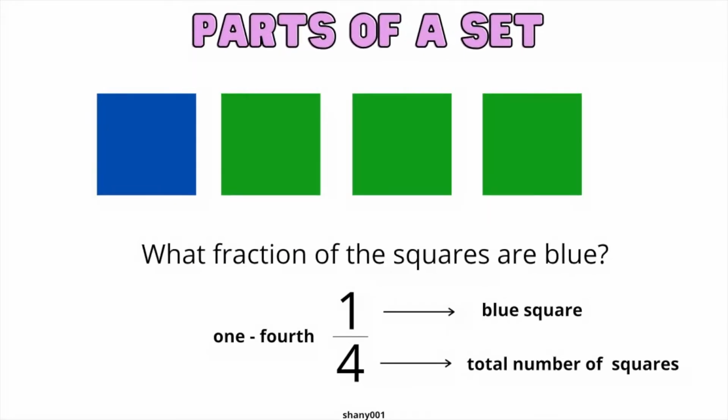What fraction of the squares are blue? The answer is 1/4. There is 1 blue square. The 1 is how many blue squares? The 4 is the total number of squares, which is 1, 2, 3, 4.